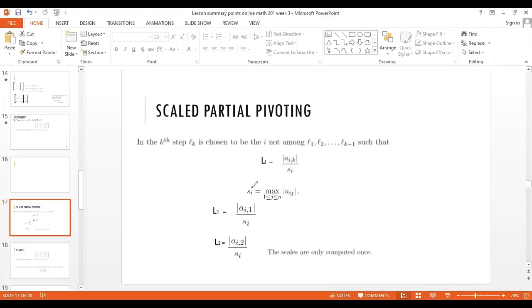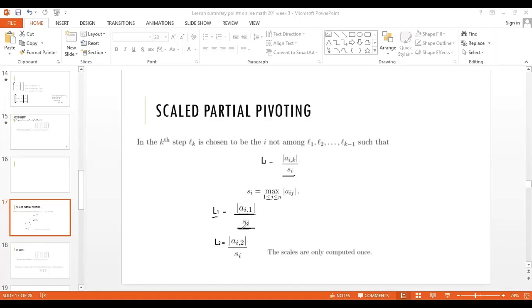To obtain the Li, what you do is first find the absolute value of the leading coefficient divided by the maximum absolute value in each row. So L1 is going to be the absolute leading coefficient in row 1 over S1, which is the maximum value in row 1.